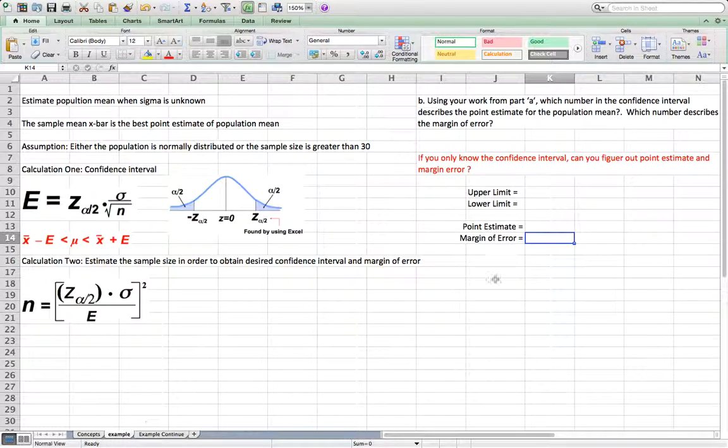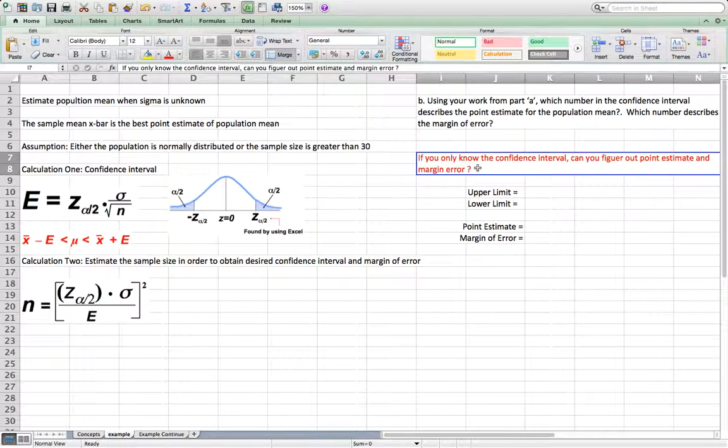Next example. Using your work from part A, which number in the confidence interval describes the point estimate for the population mean? Which number describes the margin of error? So this problem tests you on this concept: if you only know the confidence interval, can you figure out the point estimate and the margin of error?